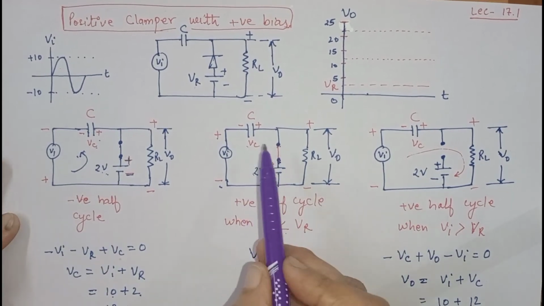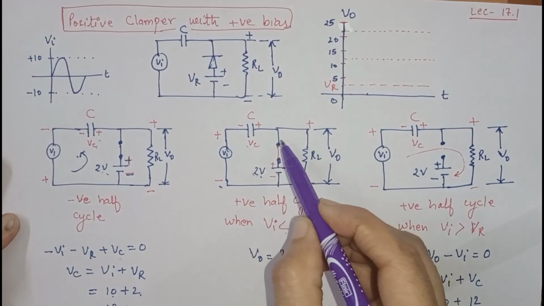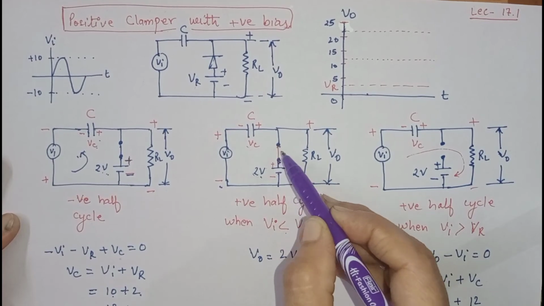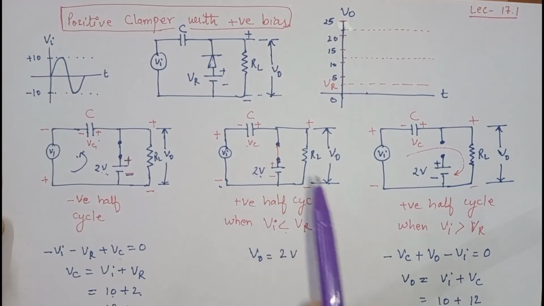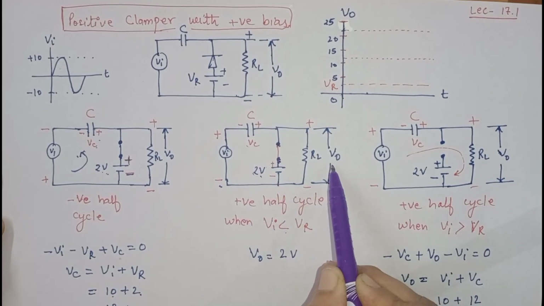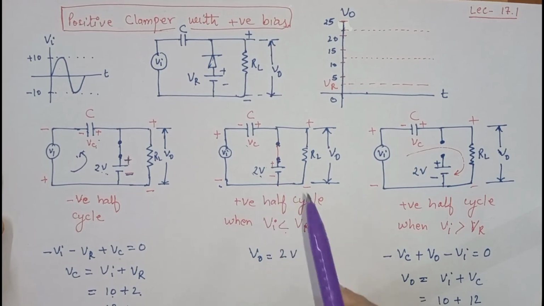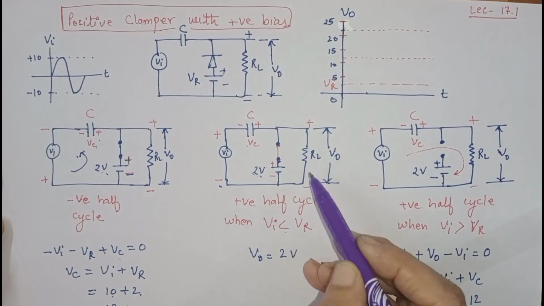So in this case, this capacitor will not discharge through this, because this branch has a short circuit. This diode acts as a short circuit and the discharge time constant is very high. So in this case, the output voltage will be equal to this bias voltage. So output will be equal to 2 volt, as these two branches are in parallel and parallel branches have the same voltage.